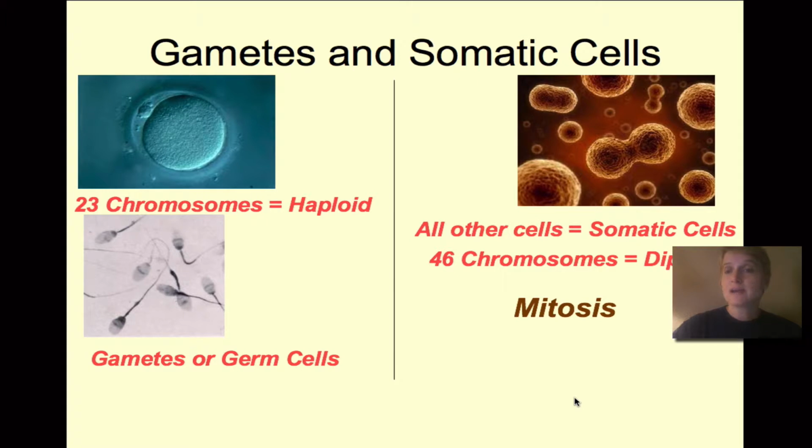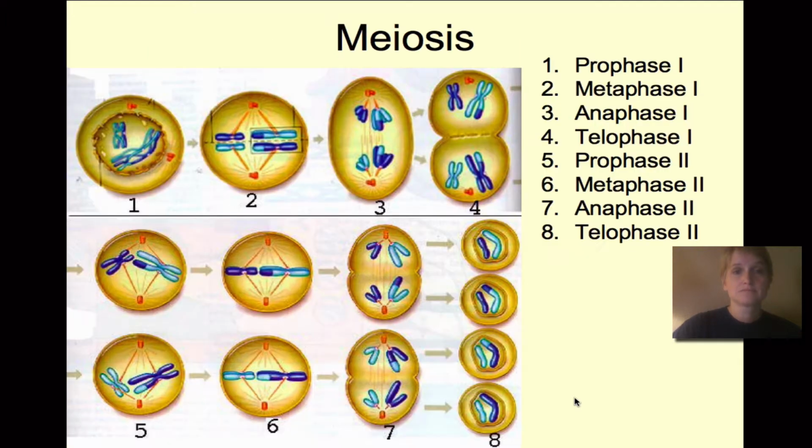Well, somatic cells are produced with mitosis. So all somatic cells, when there needs to be growth of the organism or repair, go through mitosis. But the gametes go through a process called meiosis. In order to form gametes, we need this process of meiosis.